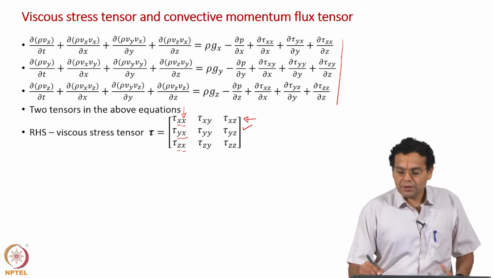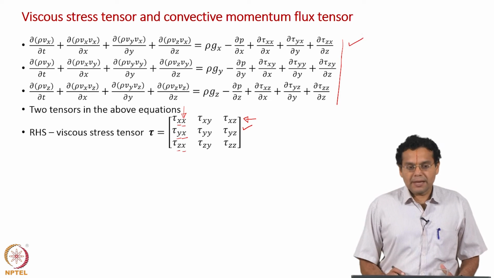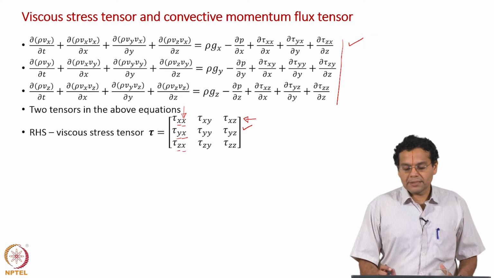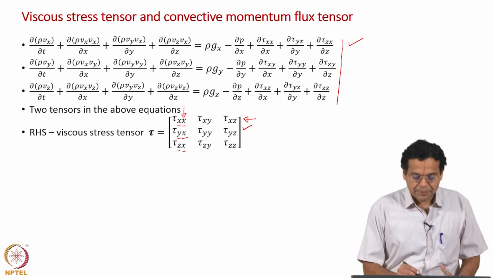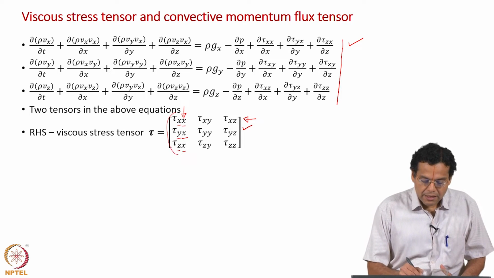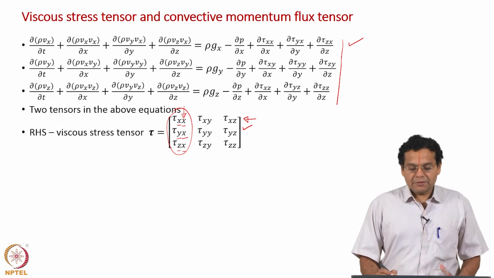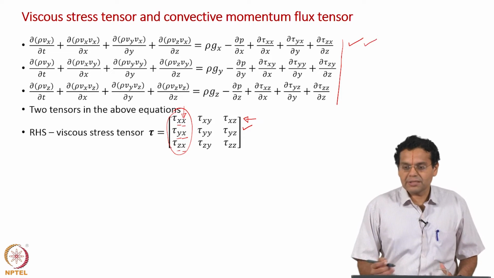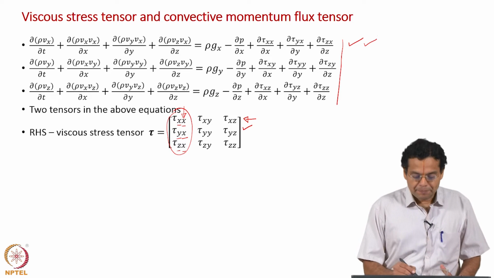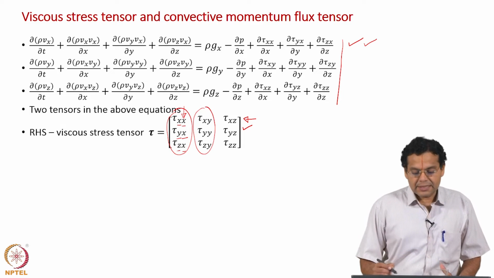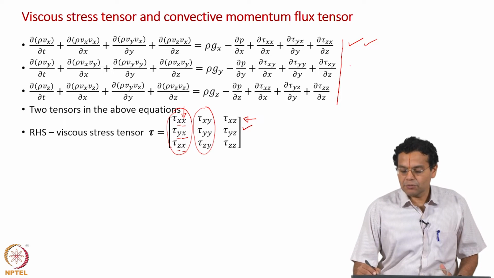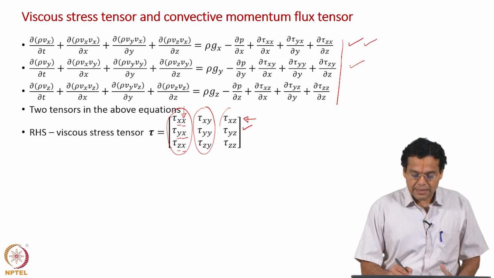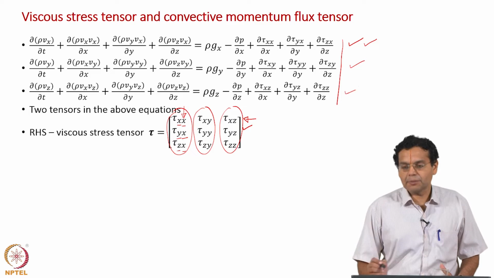Now we know that in a momentum balance, the right hand side should represent forces along one direction. That is why these 3 viscous stress tensor components appear in the first equation, meaning the equation in the x direction, and these 3 stress tensor components appear in the y momentum balance equation, and these 3 appear in the z momentum balance equation.